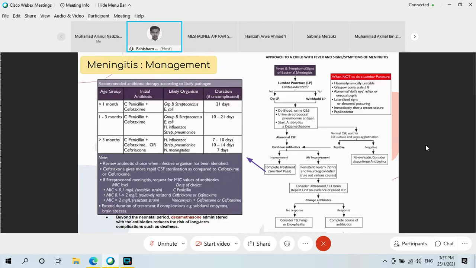The other thing that you mentioned about subdural empyema and brain abscess: if it's inadequately treated, where the organism is not eradicated, it can develop into empyema or abscess, and which might come again.